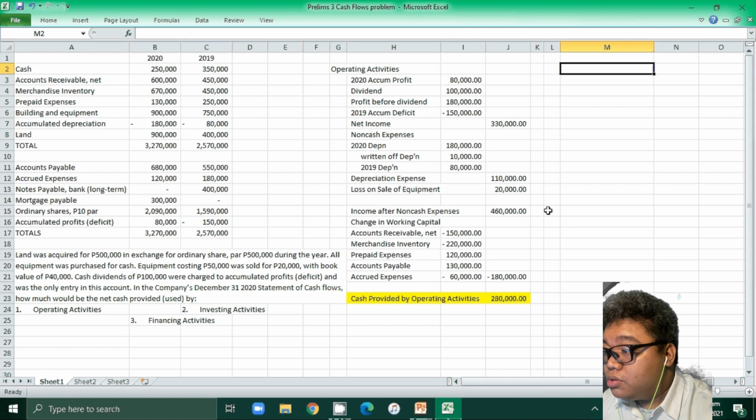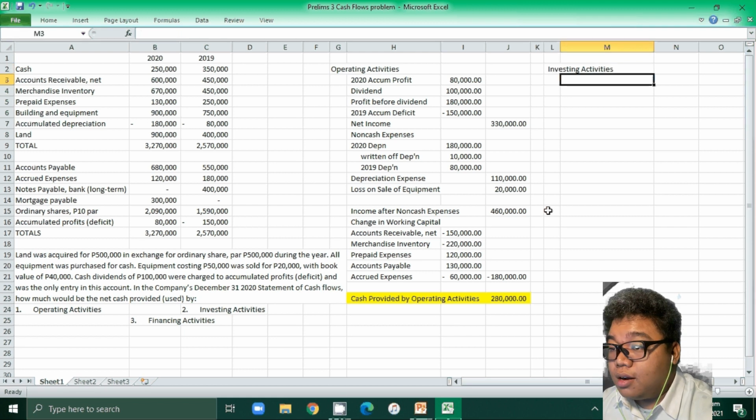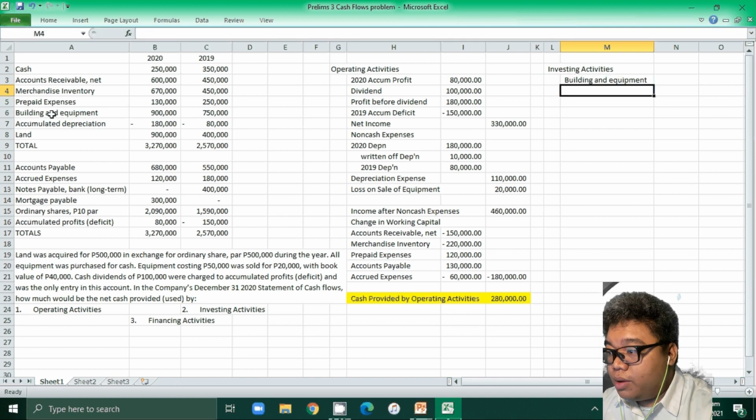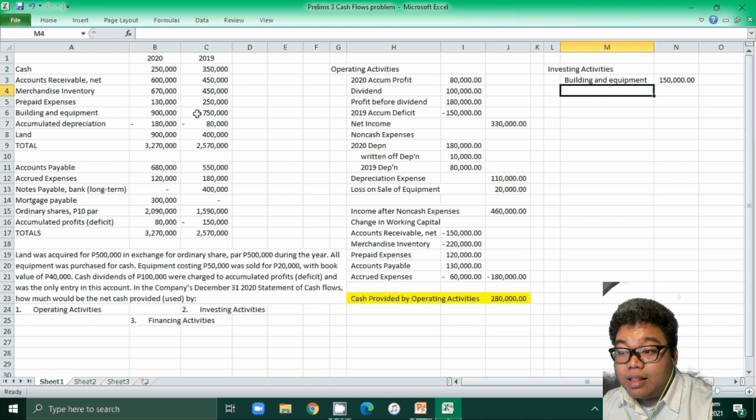Now we go to investing activities. What are the items that we need to consider in investing activities? The non-current assets. So we have building and equipment, wherein there is a change of how much? 900 minus 750, 150,000.